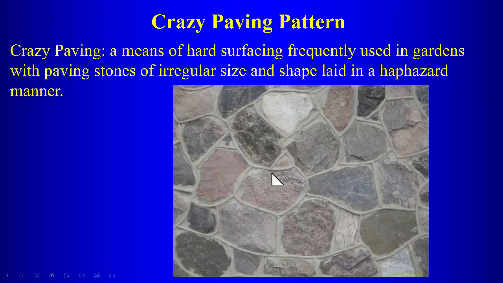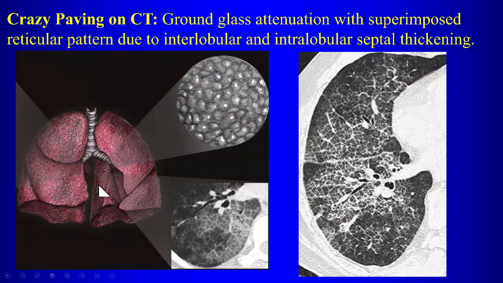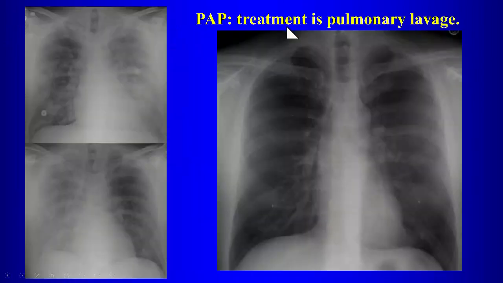This is the pattern of garden stones there, called crazy paving. And so there's your interlobular septal thickening, and somebody thought that it looks like this. So you not only get interlobular septal thickening with ground glass, but you also have intralobular septal thickening, and that's what gives you that crazy paving appearance with alveolar proteinosis.